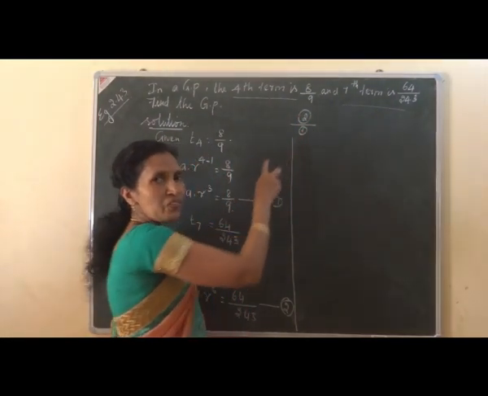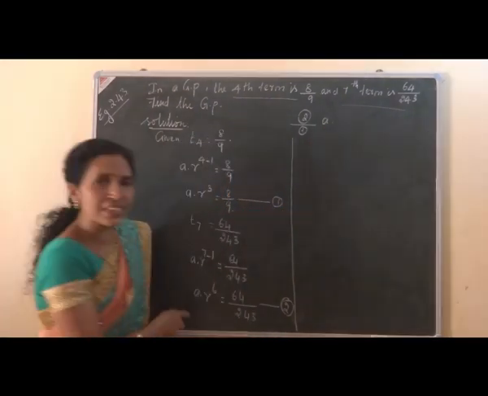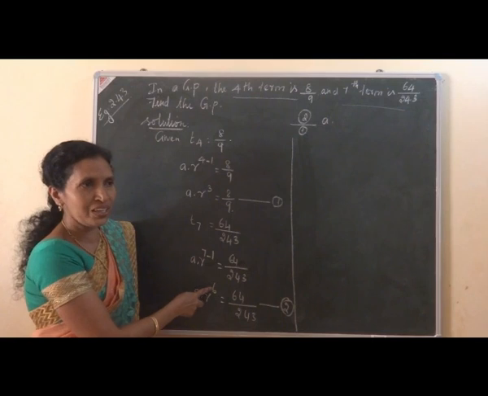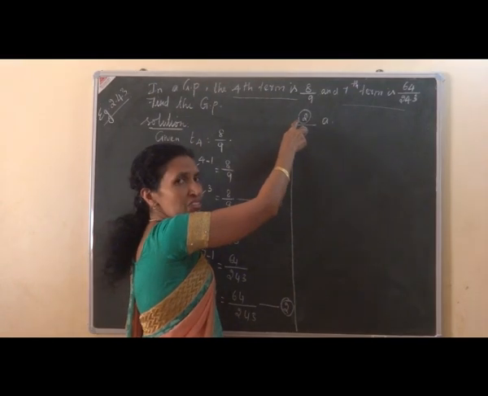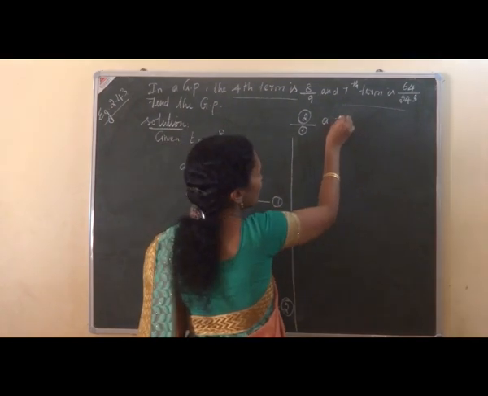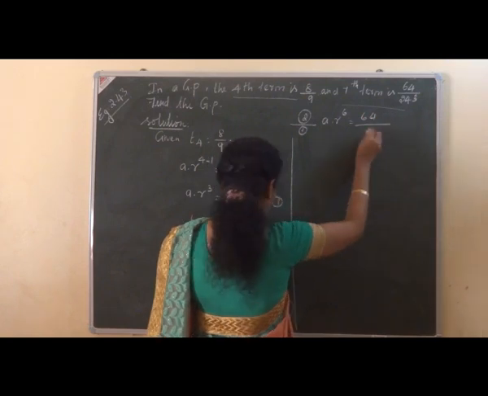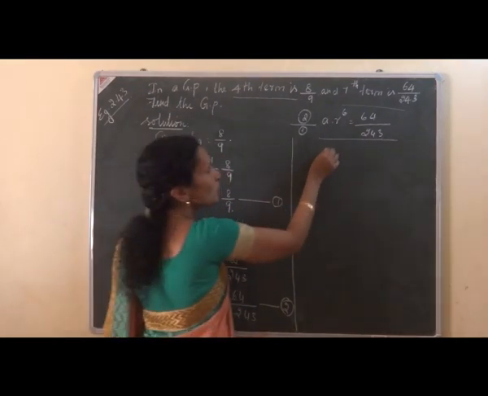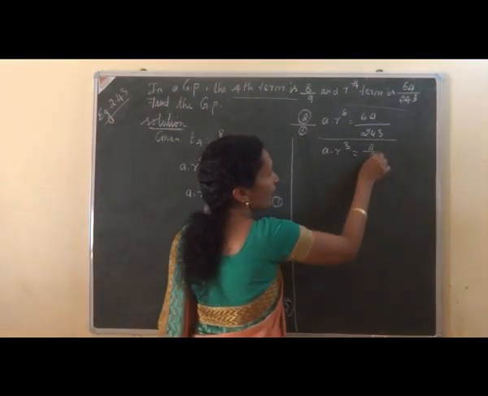Second equation divided by first equation. Why am I taking the second equation divided by the first? Because of the highest power: R power 6 here, R power 3 there. So the second equation, A into R power 6 equal to 64 by 243, the whole divided by A into R power 3 equal to 8 by 9.